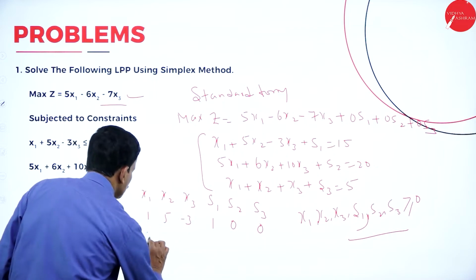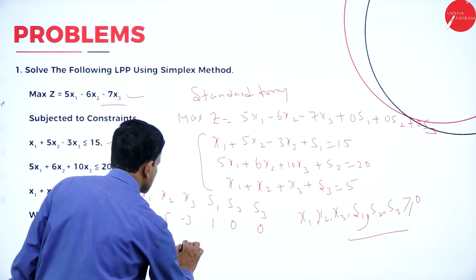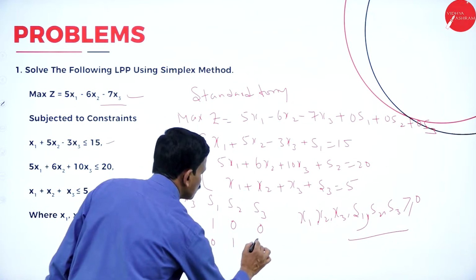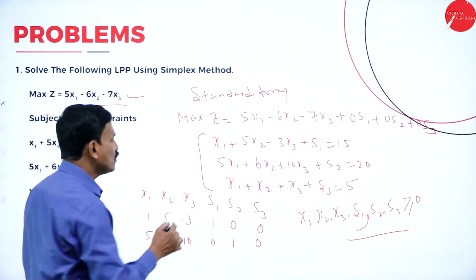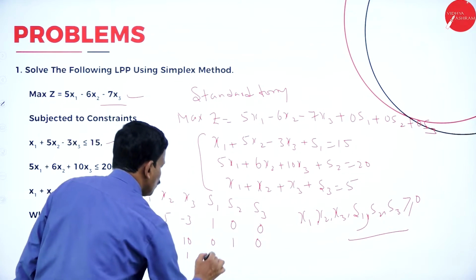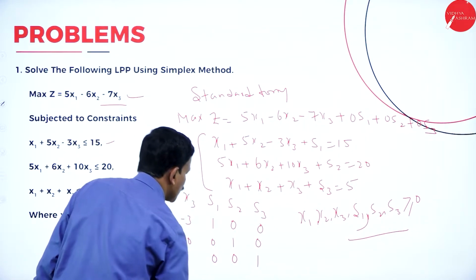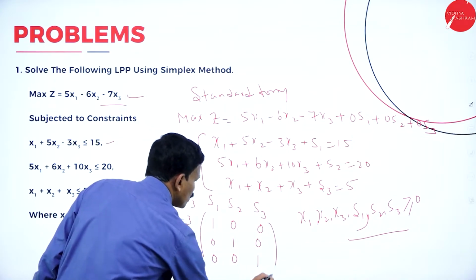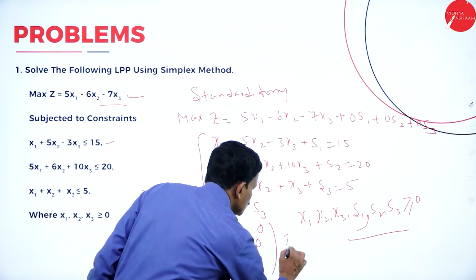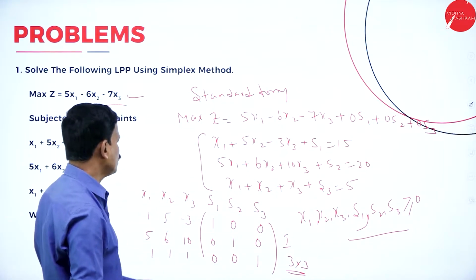For the second equation, the coefficient of x1 is 5, x2 is 6, x3 is 10, and s1 is 0, s2 coefficient is 1, s3 is not there, 0. For the third equation, it is 1, 1, 1, and the coefficient of s1 is 0, s2 is 0, and s3 is 1. So therefore, this will form an identity matrix of order 3 rows 3 columns. This is an identity matrix of order 3 rows 3 columns. So what are the values?